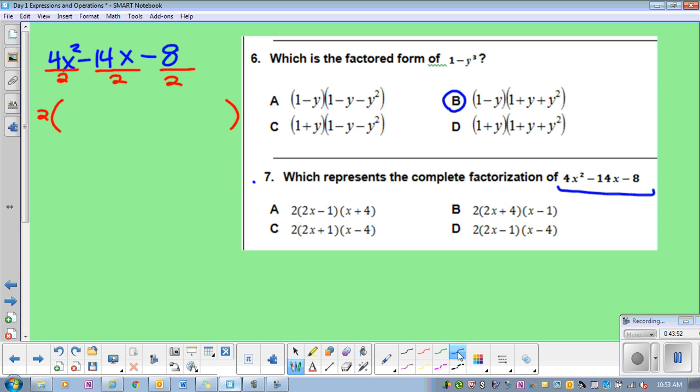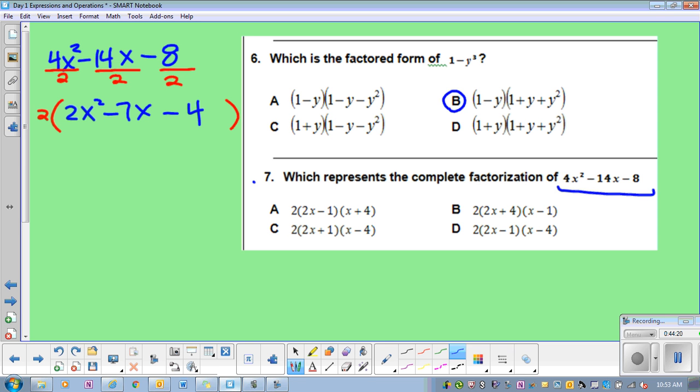Then we have 2 on the outside. 4x squared divided by 2 is 2x squared. Negative 14x divided by 2 is negative 7x. And negative 8 divided by 2 is negative 4.